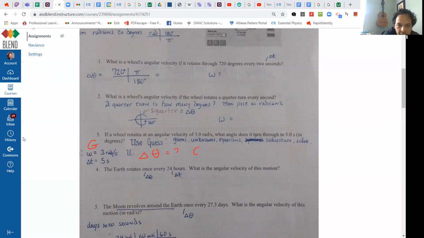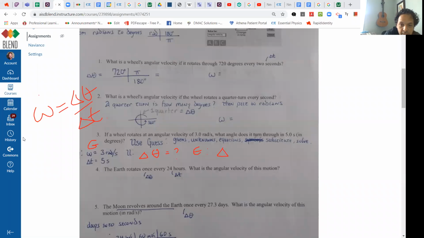So what equation are you going to use? Angular velocity equals delta angle over delta t. We know w, we know t, so we just need the angle.